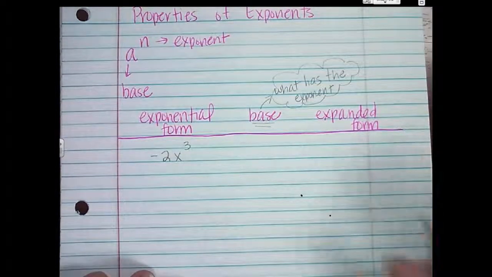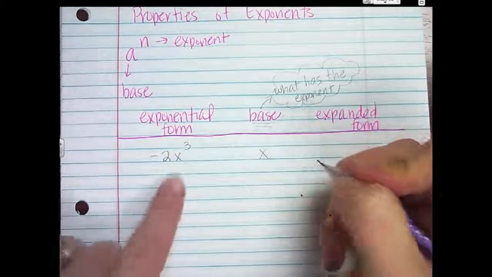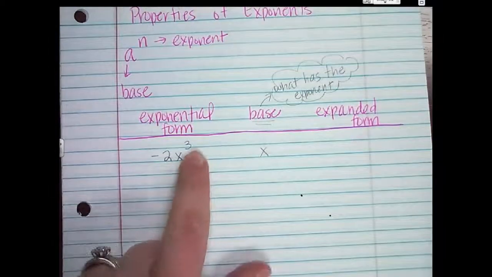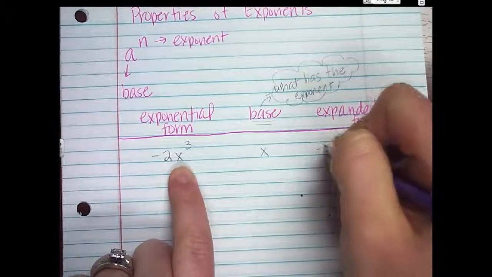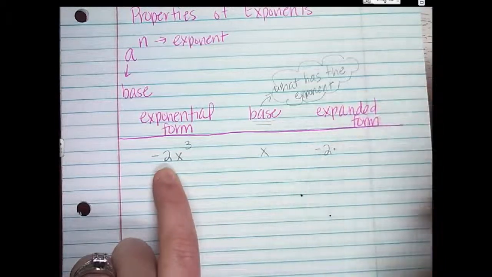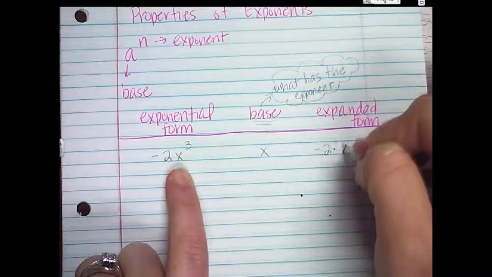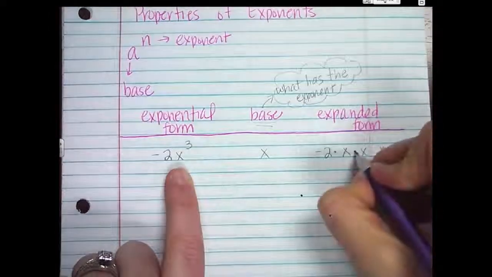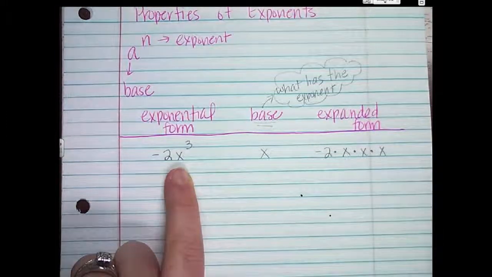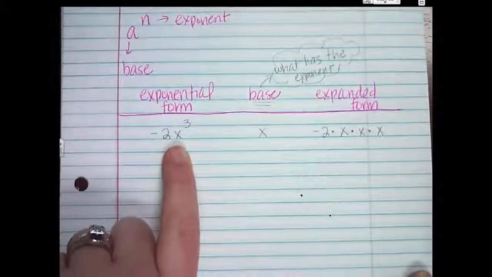So the only thing that has an exponent is the x. So the x is being raised to the power of 3. So when it says expanded form, I just want to expand out. So I have negative 2 times, and I have x to the third. So I'm going to write the x 3 times. I have 3 x's. So we're going to look at just 3 different versions here.